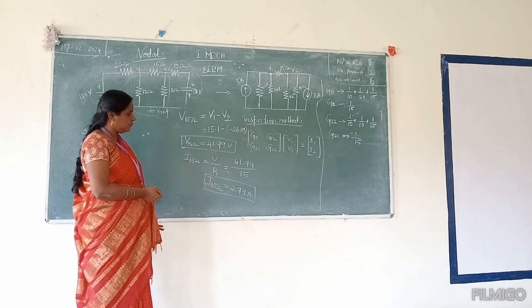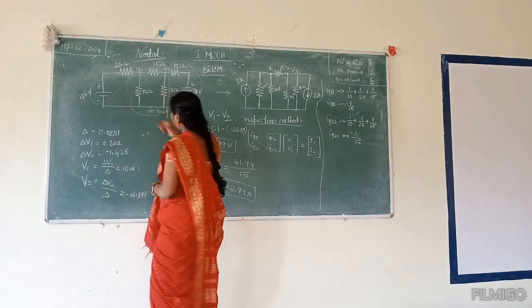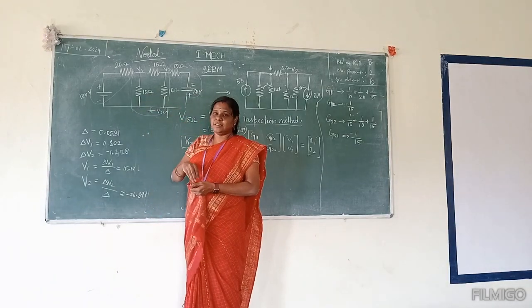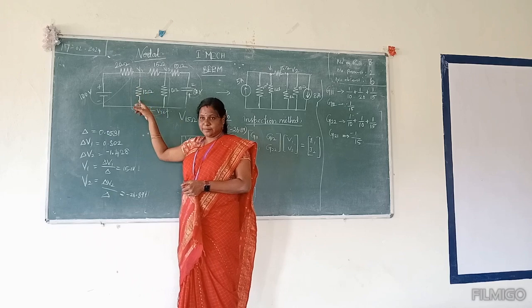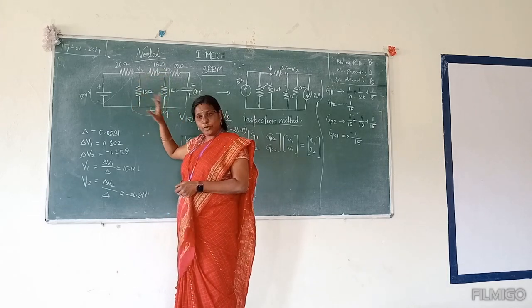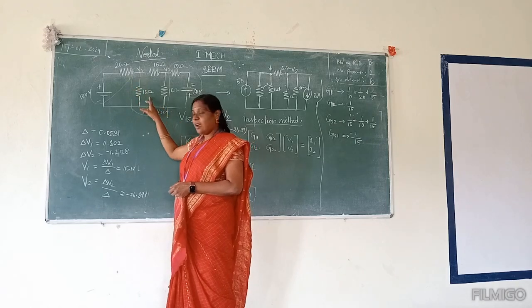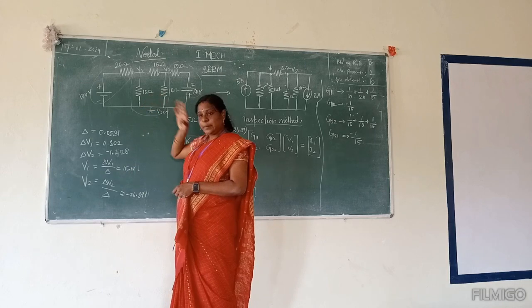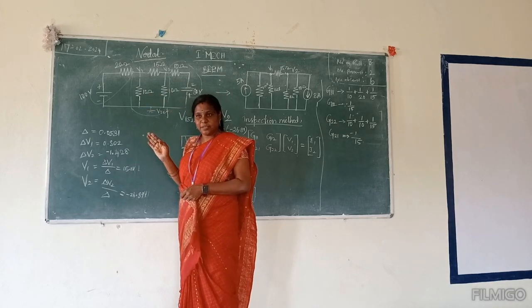Suppose they asked you the current through the 10 ohms resistor. What is that? Just V1. This is present between 2, but this is directly connected to V1 only. V1 by R. So V1 is 15.1 divided by 10. That's it.